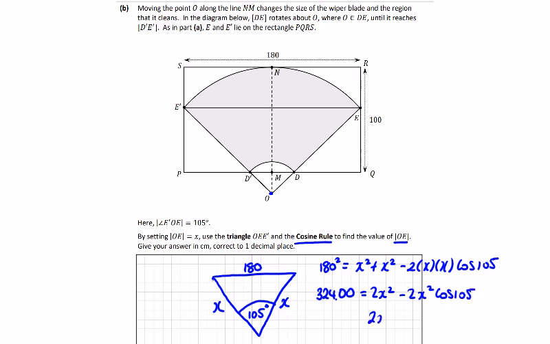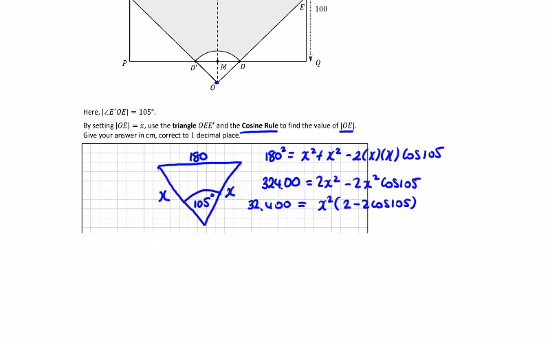So 180 squared is 32400, so 32400 equals 2x squared minus 2x squared cos 105. If we divide by x squared to get x on its own, x squared would leave 2 minus 2 cos 105 equal to 32400. So I'll just use the calculator at the end.